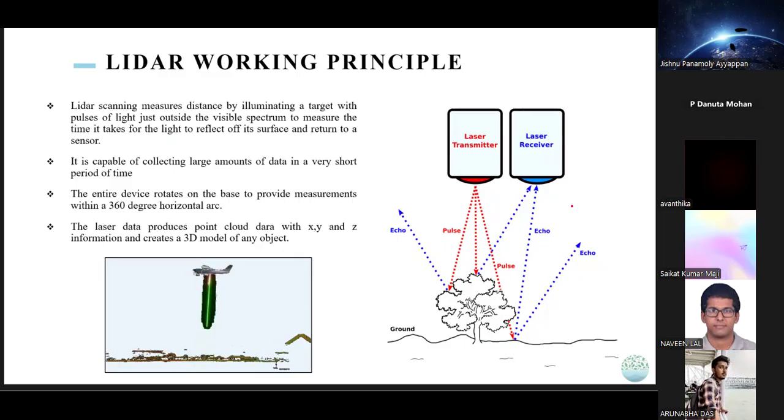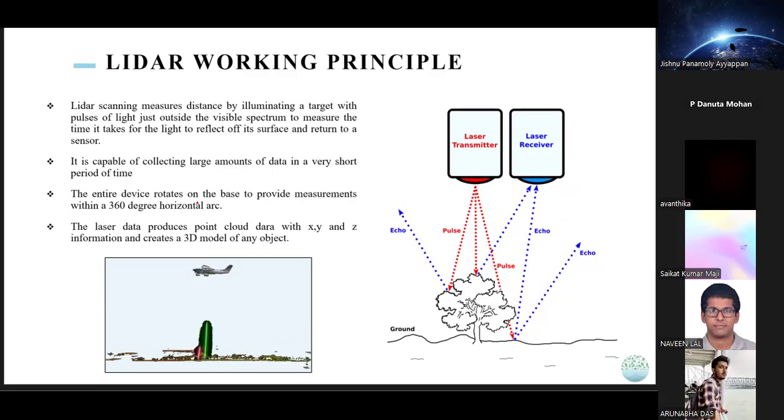The distance is found using the speed of light and the time taken for the reflected backscatter to reach back to the sensor, divided by 2. It is capable of collecting a large amount of data in a very short period of time. Another advantage of LiDAR remote sensing is that the sensor has the capability to rotate.